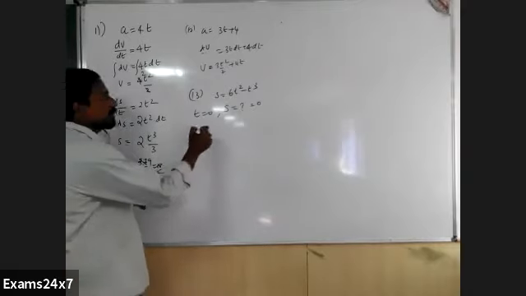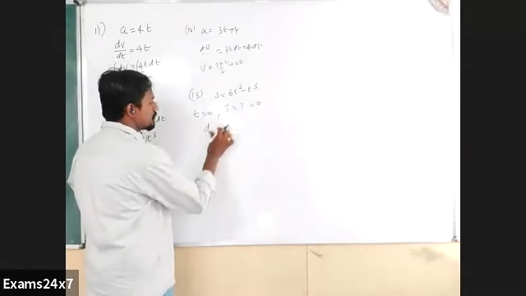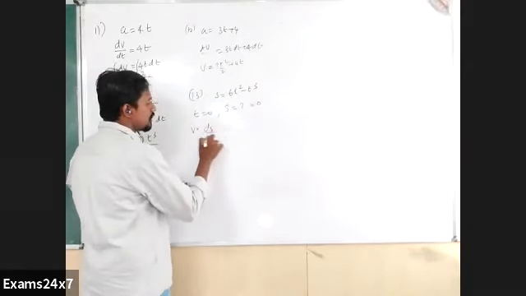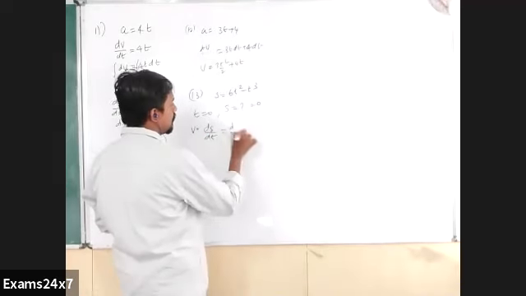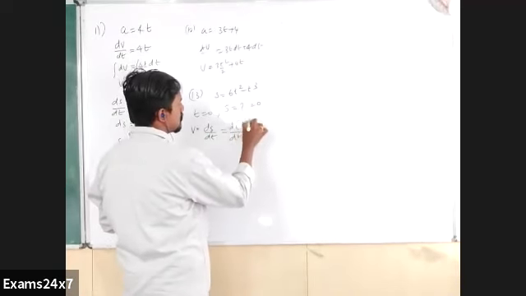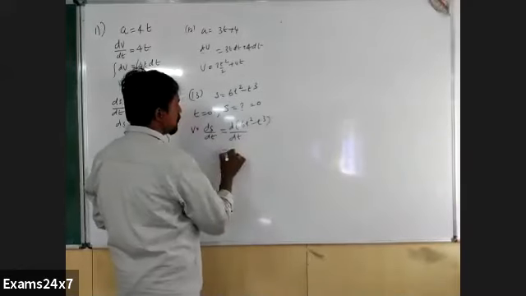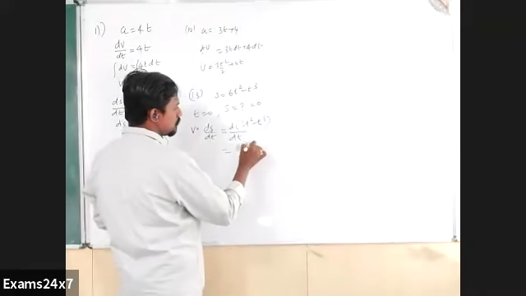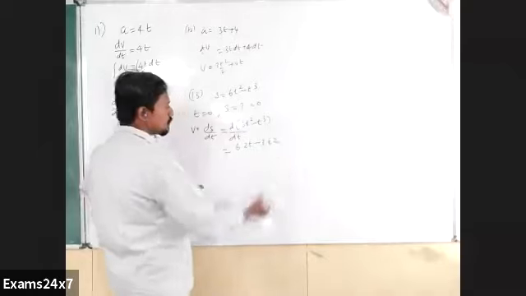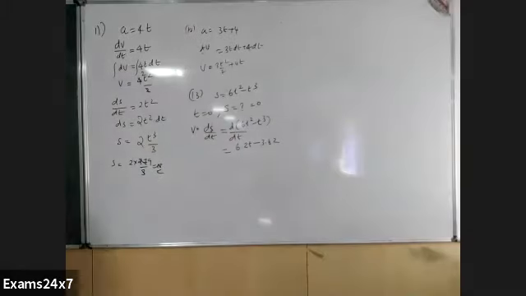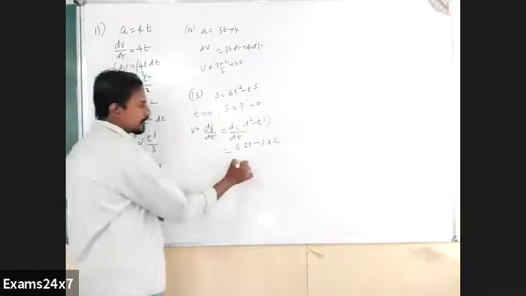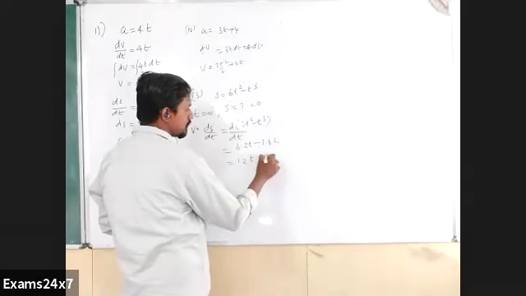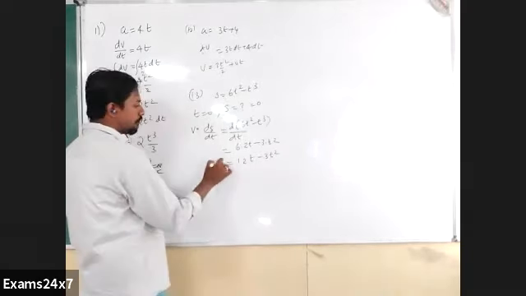What to do? First I need to find velocity. Velocity is equal to ds by dt. d by dt of 6t square minus t cube, what does it become? 6 into 2t minus 3t square. Correct. Now it is 12t minus 3t square, which is equal to velocity.